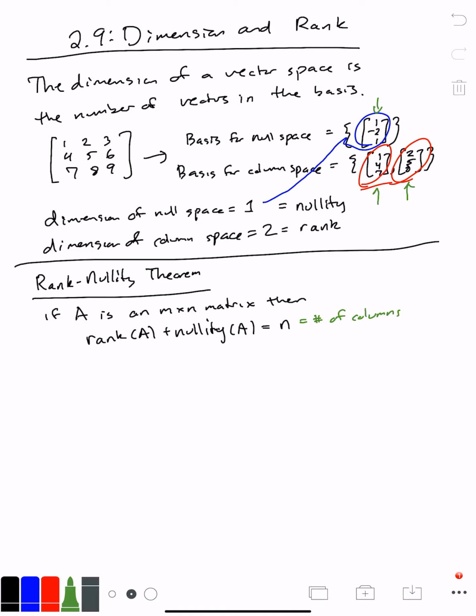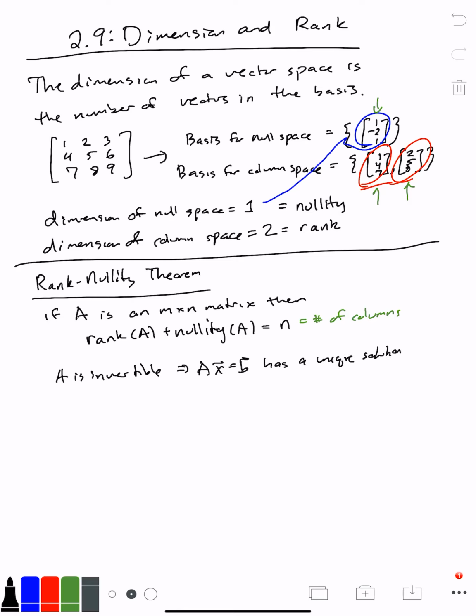The reason why this is important is it helps us determine things without even knowing what properties A may have. So for example, we're about to do the invertible matrix theorem, and you may remember the beginning of that we saw already was that if A is invertible, then AX equal to B has a unique solution.